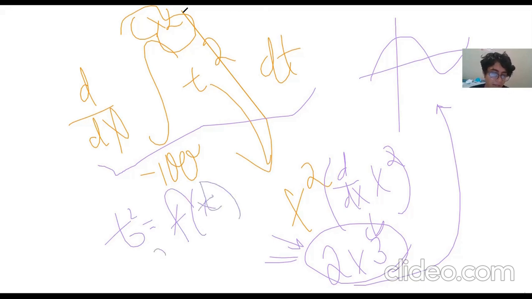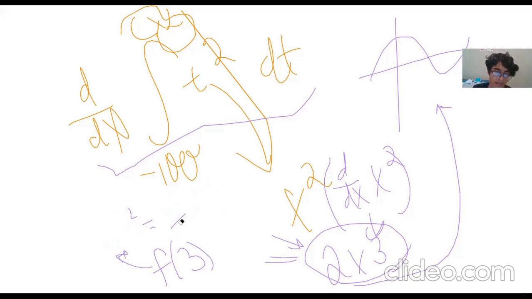And if it asks you what is f of, I don't know, 3, what you're not going to do, and I mean, you could just evaluate this way, but I assume it's not going to be given to you in this manner. If it asks you for what f of 3 is and it gives you a function, right?